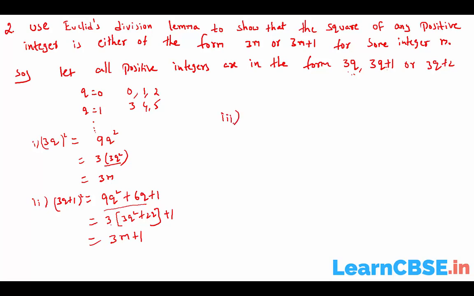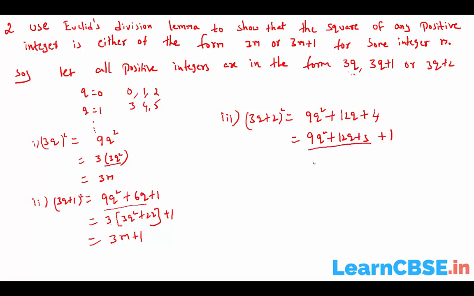Third condition, 3q plus 2 whole square, that means 9q square plus 12q plus 4, using a square plus 2ab plus b square. Now again I can write this as 9q square plus 12q plus 3 plus 1.